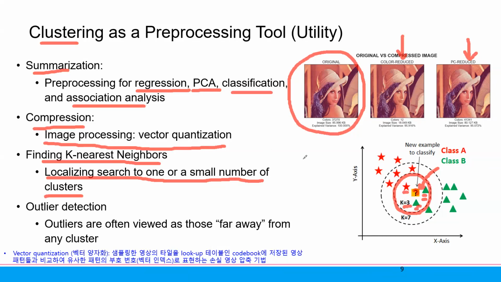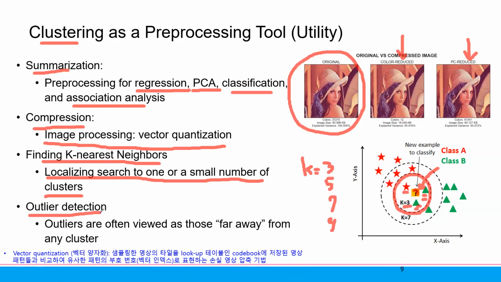That's why K usually is an odd number: 3, 5, 7, 9, and so on. We will not use an even number because there might be equal counts. That's why we need to use an odd number for the KNN.